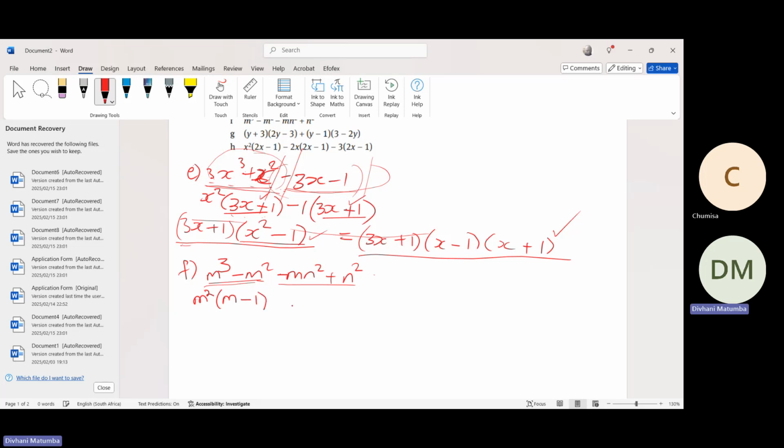You agree? Yes, sir. Then minus, here, do we have a common factor? Yes, sir. It is n squared. Then what are we going to be left with if we take out the minus n squared?